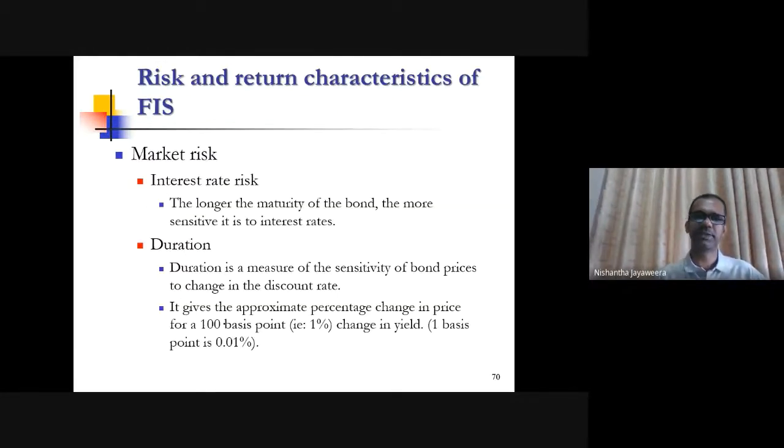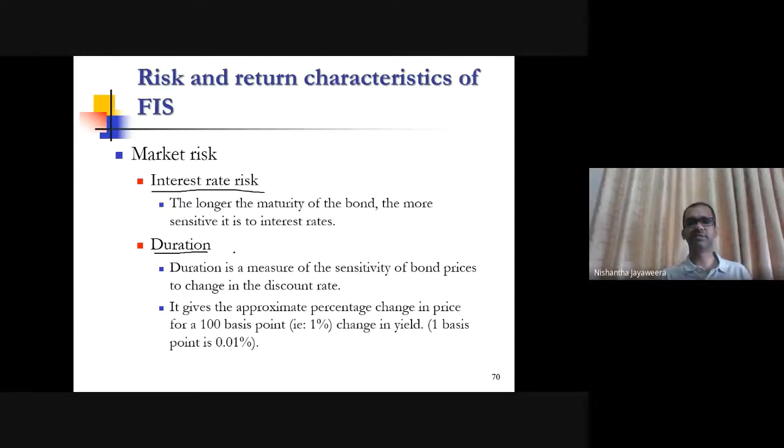This is the main topic that we are going to discuss today: risk and return characteristics of fixed income securities. Today we are mostly focused on interest rate risk, and how do we measure it? The measure is duration.